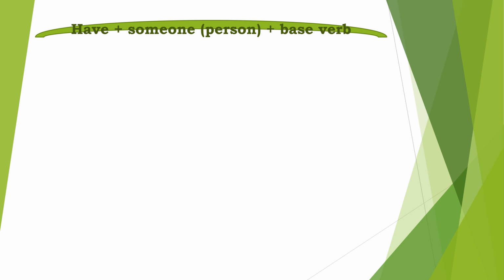All the four causative verbs have some purpose. Let's have a look at the first one, have. First, we will discuss why we use the causative verb have. Second, we will look at the structure. Third, we will discuss some examples.